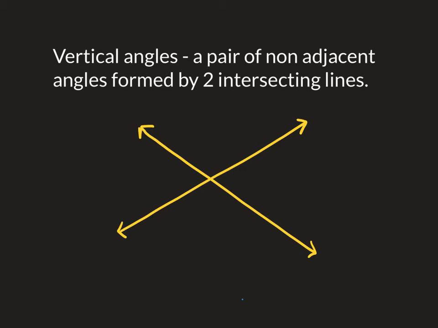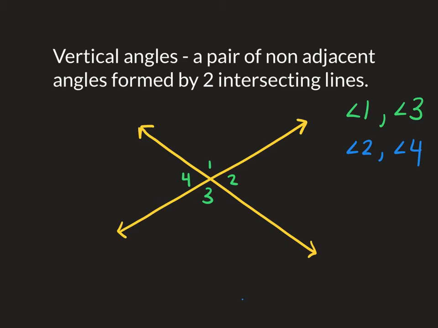So let's number our angles. Let's say we have 1, 2, 3, and 4. So angles 1 and 3 would be a pair of vertical angles, as well as angles 2 and 4. So they're angles that are across from one another. Right, and then in this section, there's the vertical angle theorem that says all vertical angles are congruent.